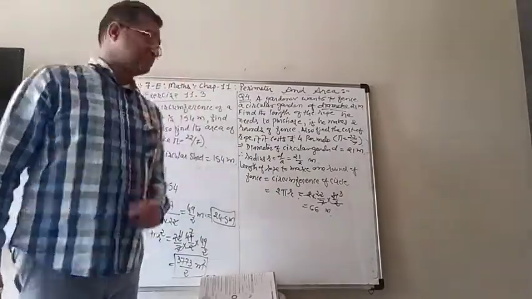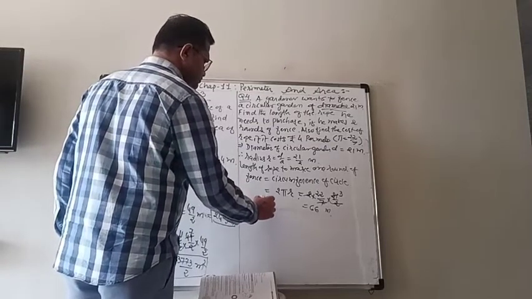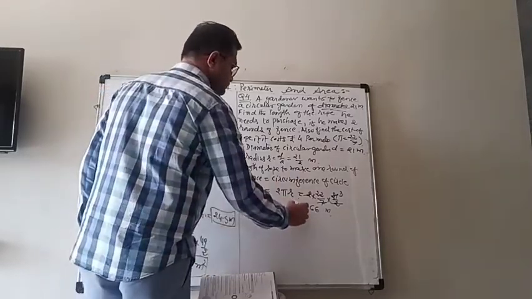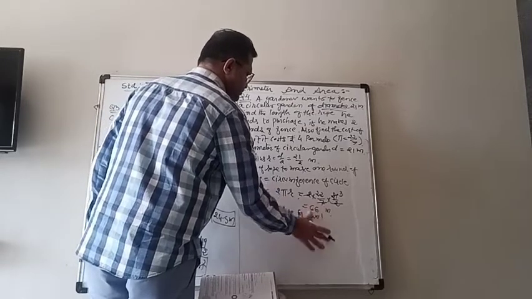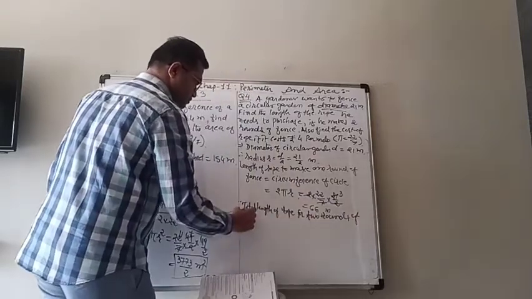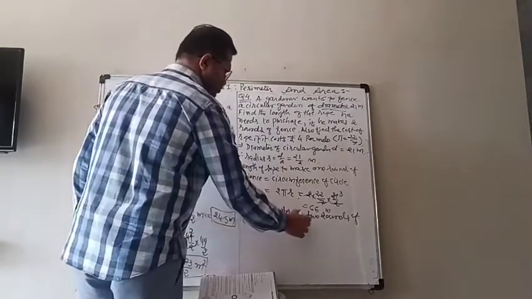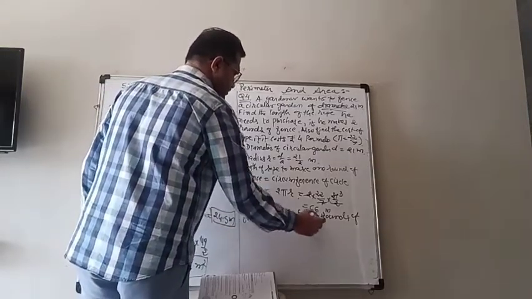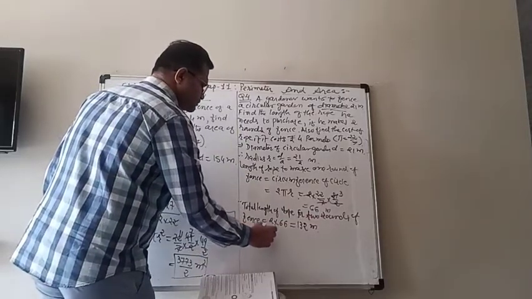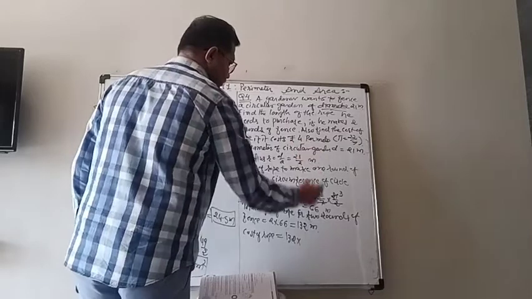But we have to make 2 rounds. Therefore, total length of rope for 2 rounds of fence is equal to 2 multiplied by 66, that is 132 meter. So now cost of rope is equal to 132 multiplied by 4. Why? 4 rupees per meter.